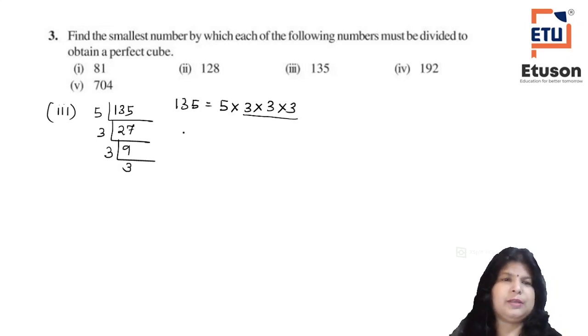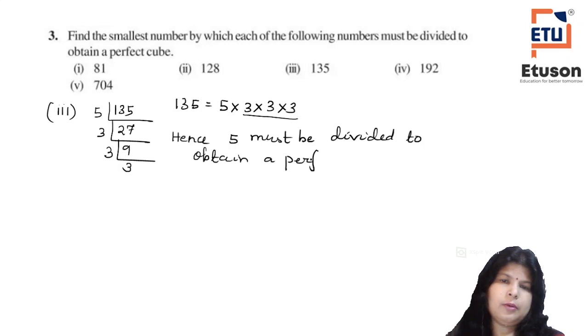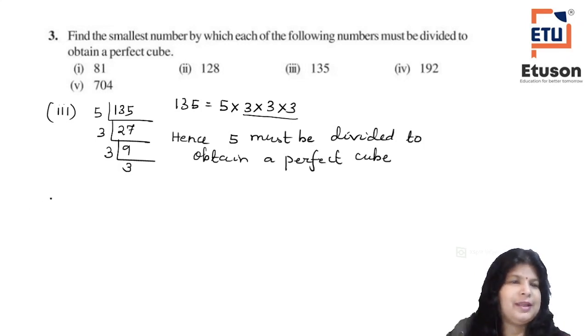So this 5 has to be divided. Hence, 5 must be divided to obtain a perfect cube. Correct? So now let us go to the next bit, that is 192.